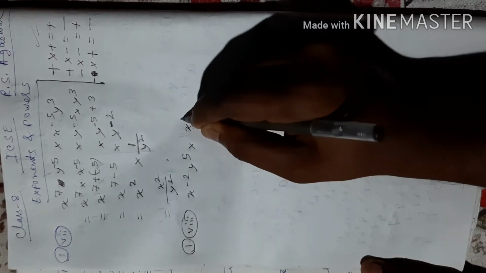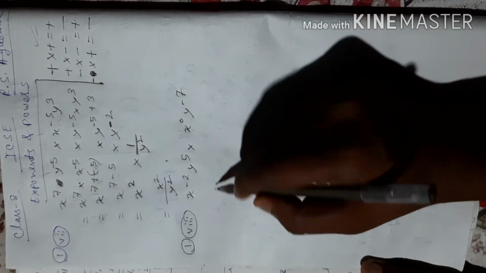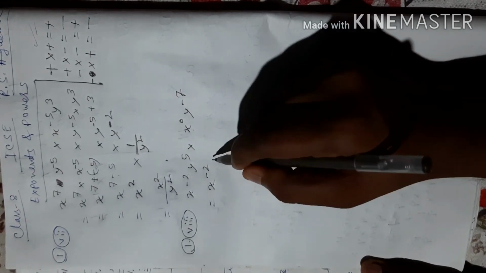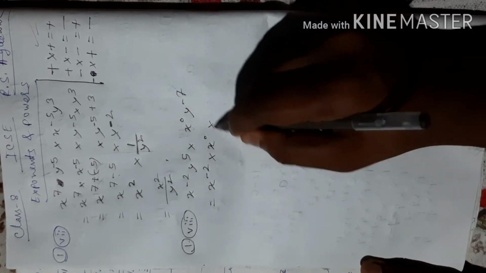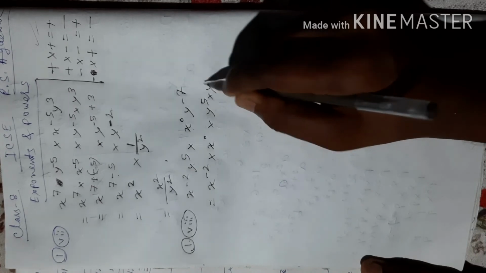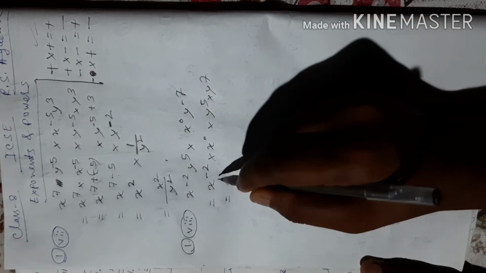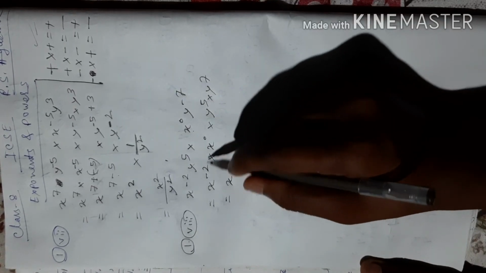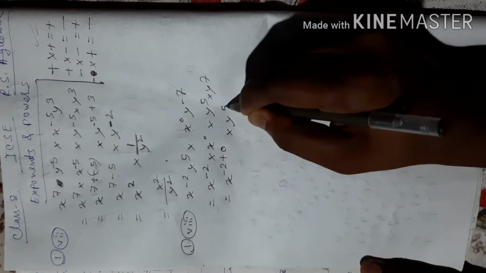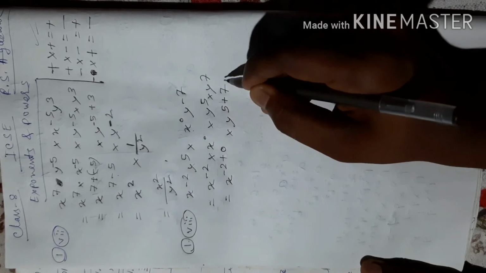Next math. So here we write similar terms and we write these similar terms. So when the multiply sign is there, the power must be added. Power must be added.